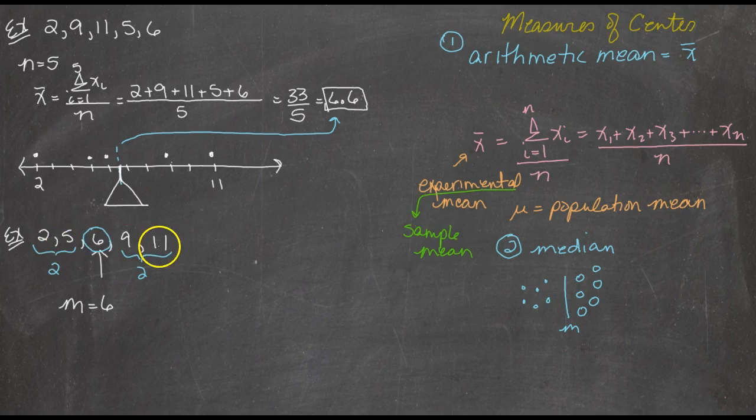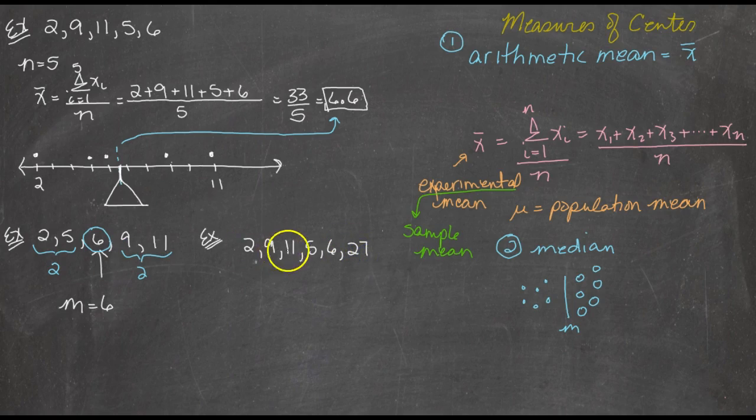Now, you don't always have an odd number of elements or measurements. So let's look at another example where you have an even number of measurements and see how to find the dead center for that. So this time we're going to use 2, 9, 11, 5, 6, 27. Just adding one number to the set that we had before.